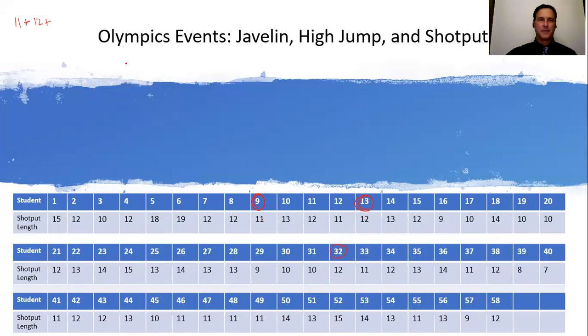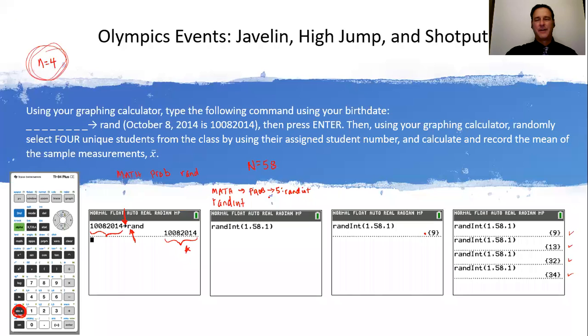That person had a 12-foot throw also. And my last one also was a 12-foot throw because he was number 34, or she was. I'm going to average those. And again, I circled these 4 based off the 4 that I had right here. I'm going to circle this real big.